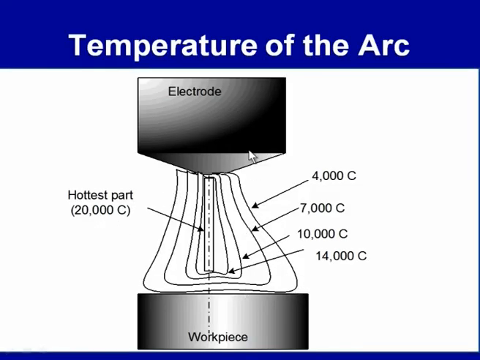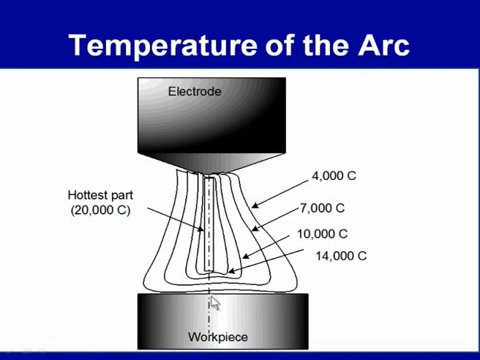So, here there are two ways to look into the temperature variation in the arc zone. One is along the axis of the arc, and another is radially with respect to the axis of the arc, that is, moving away from the axis of the arc.